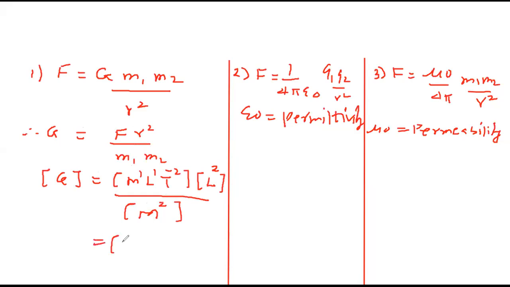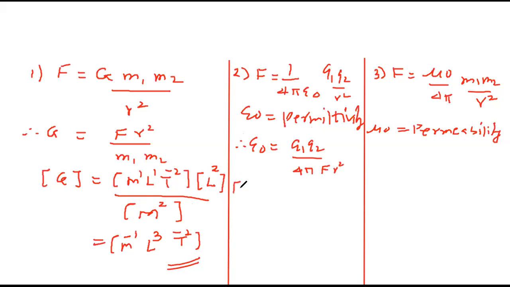So it becomes M raised to minus 1, L raised to 3, T raised to minus 2, the dimension of the universal gravitational constant.